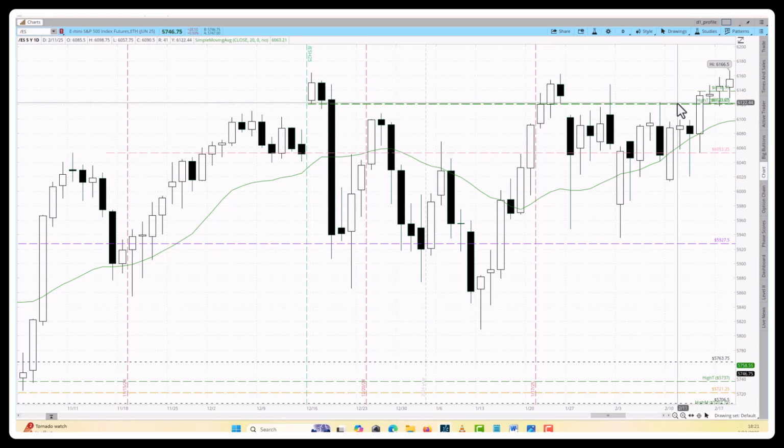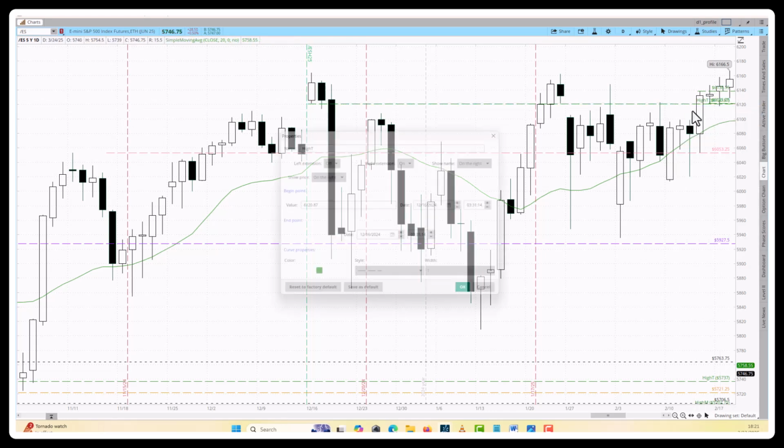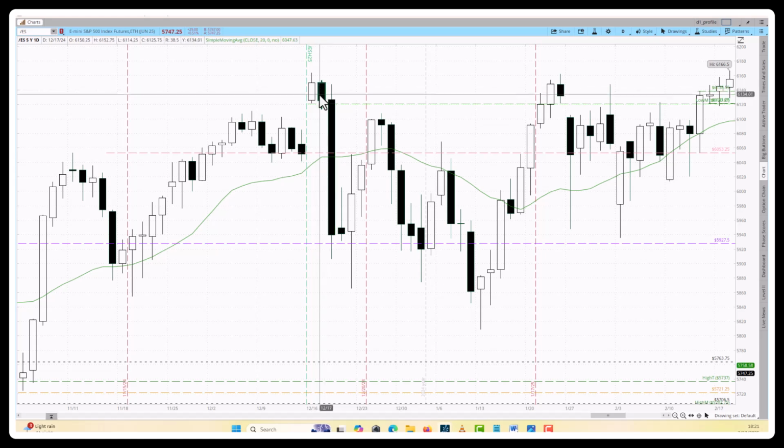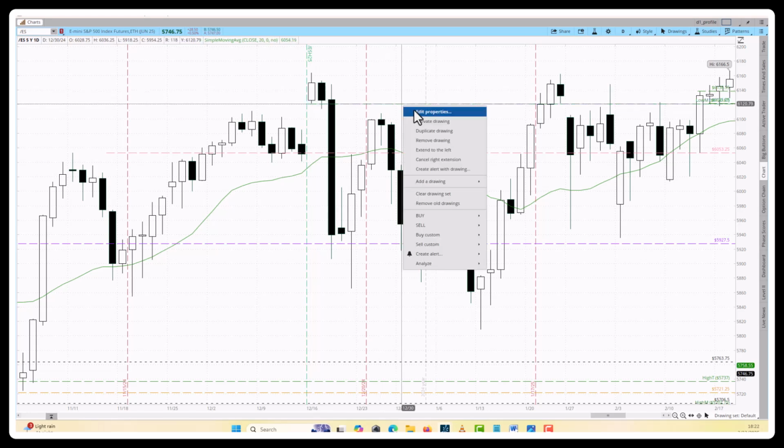And let's call it Low Monday. Yeah, you see that? So Tuesday tests from above, and then Wednesday, boom, it's just a real breakout level. So the low is 61.22.